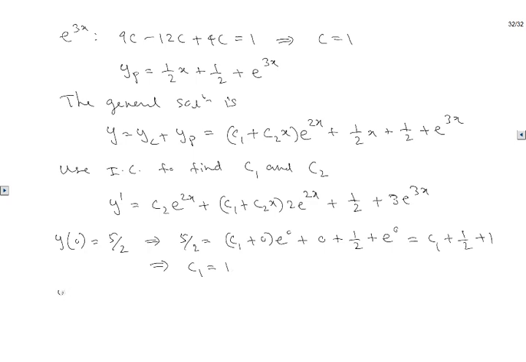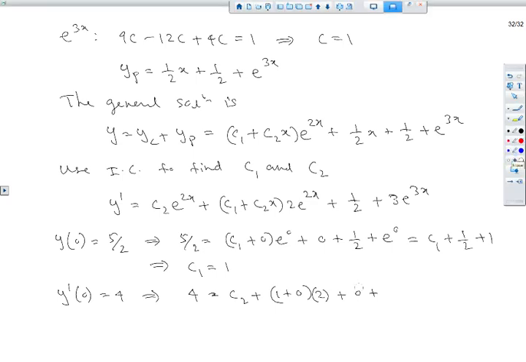Now we can use the other condition. So y prime 0 equal 4. So let's do that. So it is 4 equals, let's substitute the second one. It is c2 plus 1 plus 0 times 2 plus 0 plus, yeah, so what do you get? Yeah, it's not 0, so it's 1/2.